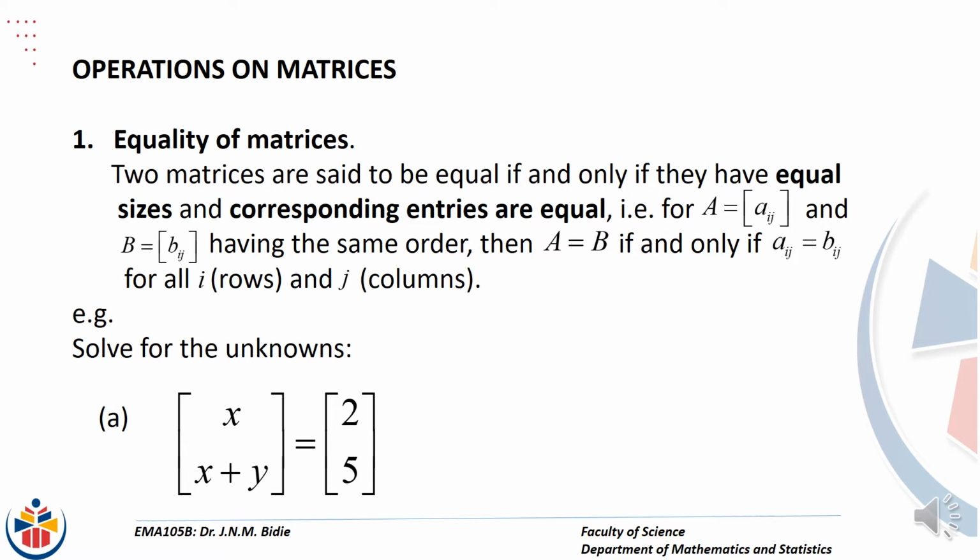Then we can say x is equal to 2 and x plus y is equal to 5. And then we're able to solve: x equal to 2 and x plus y equal to 5. That means y is equal to 5 minus 2, which is equal to 3.